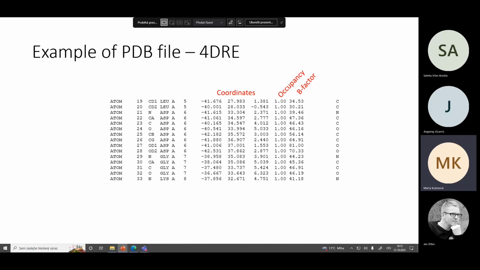We will talk about it. You are also able to see which amino acid the atom belongs to, and also the chain in the protein. So the first atom is the carbon with number 19 belonging to leucine in chain A.